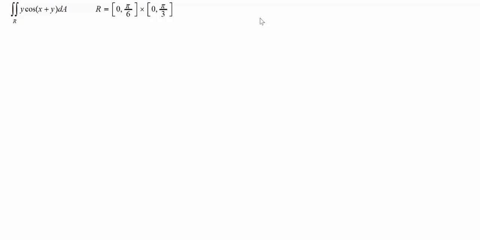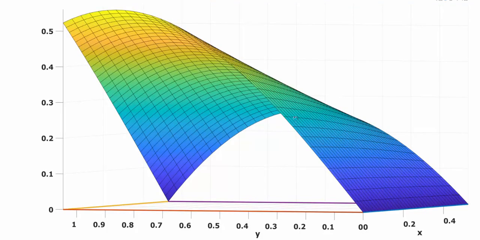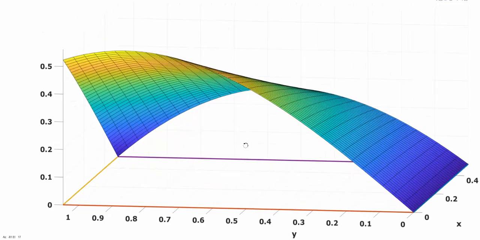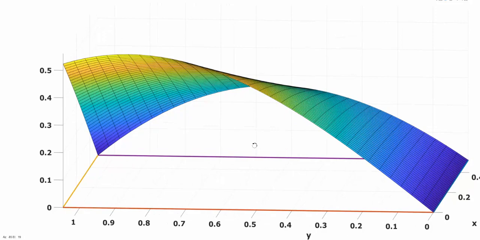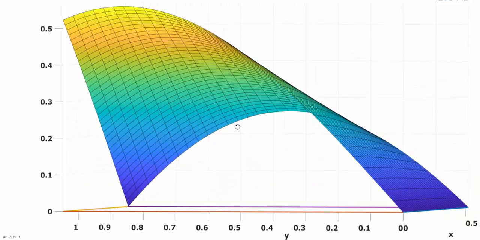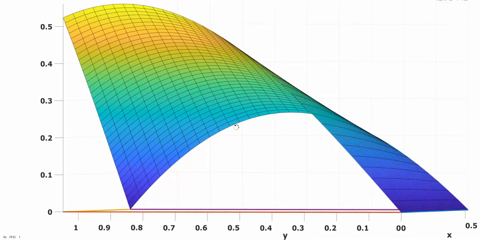We are evaluating this iterated integral of y times cosine of xy over this region, which actually represents the volume under this surface over this rectangular region.